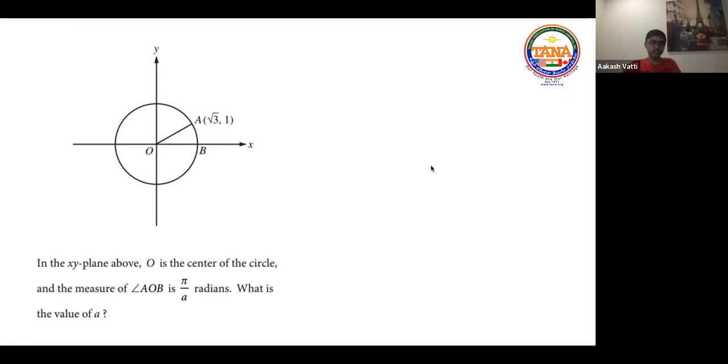I'll give you guys a minute or 2 minutes to do this one. This one has radians in it, which I guess is kind of harder than the other ones.